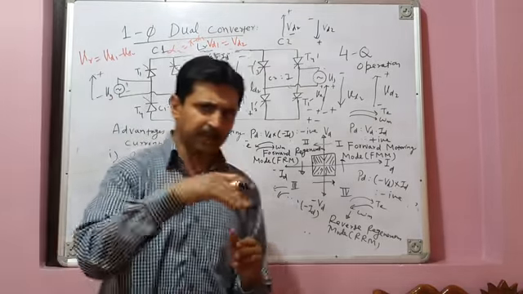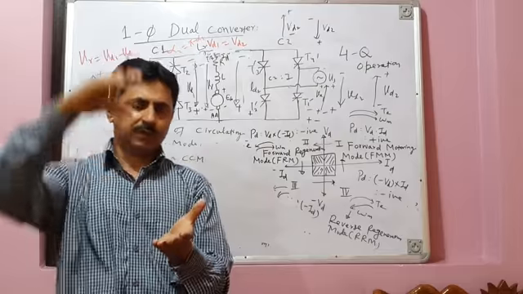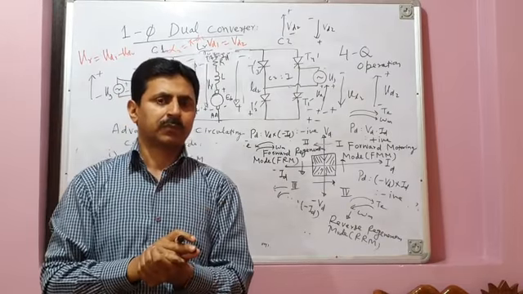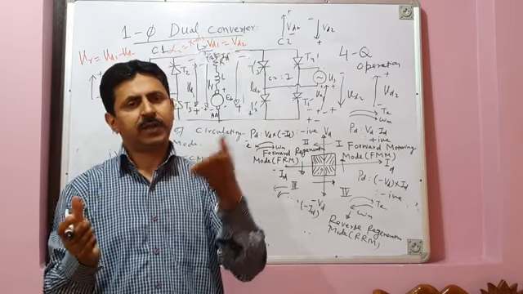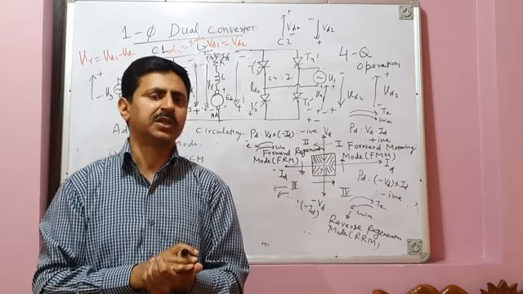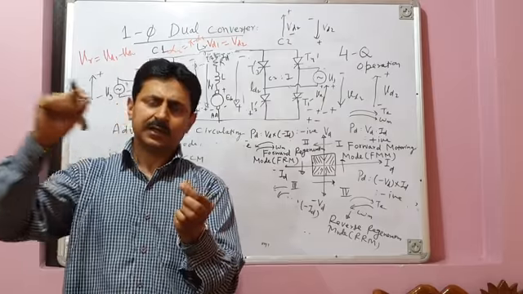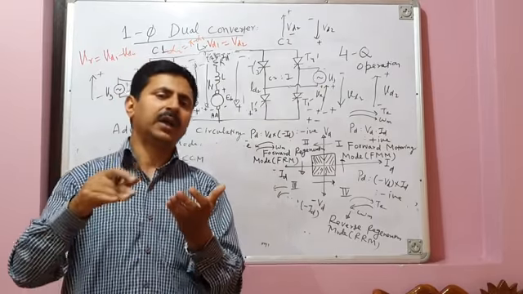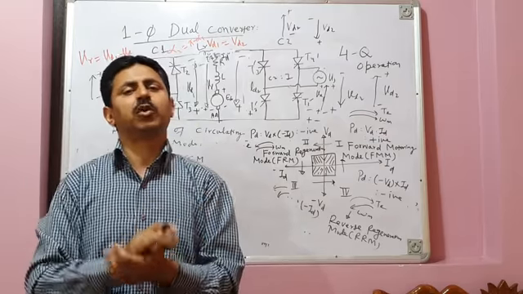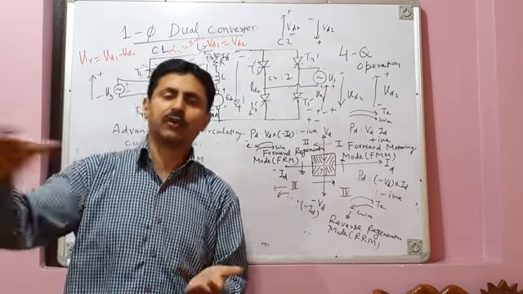And I told you in one of the previous lectures that when your load is a DC motor, the DC motor can either operate in discontinuous conduction mode of operation, in which case armature current becomes zero, or it can operate in continuous conduction mode of operation, in which case armature current never goes to zero.